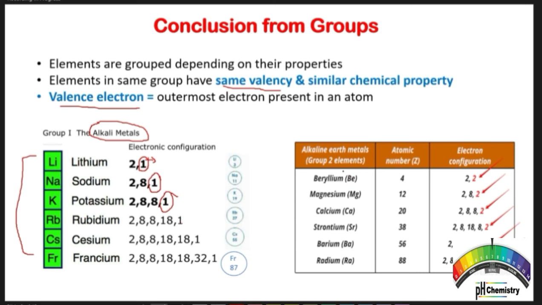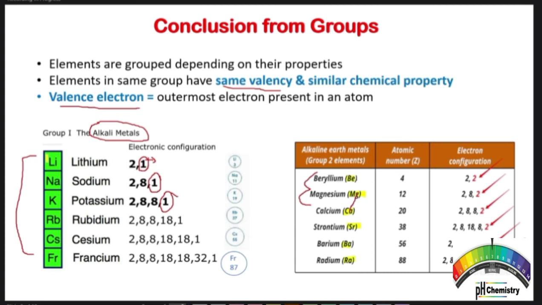The next example is of the elements of group 2. If you want to remember these elements, I will tell you the trick. Beta, mange, car, scooter, bap, roy. So this is the trick for group 2. In this way you can remember.